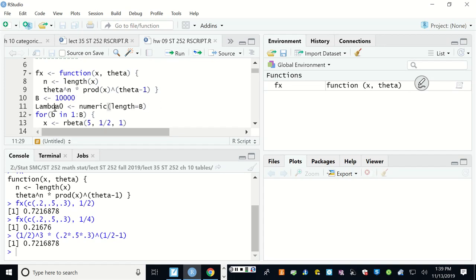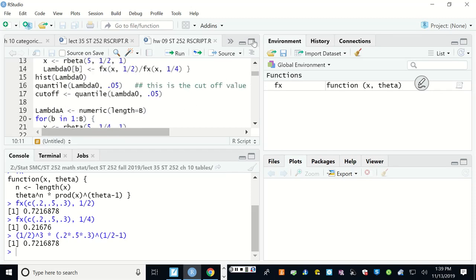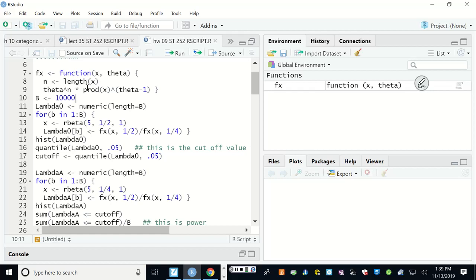Create a likelihood ratio, which I like to call the capital lambda. I'm calling it lambda 0 because it's under the null hypothesis. So I'm going to generate 5 observations here. It's a random beta with 1/2 and 1 as the two parameters, actually. The theta is that.